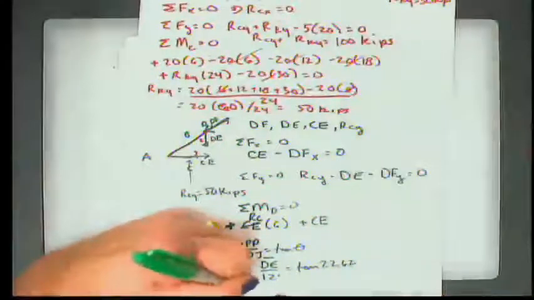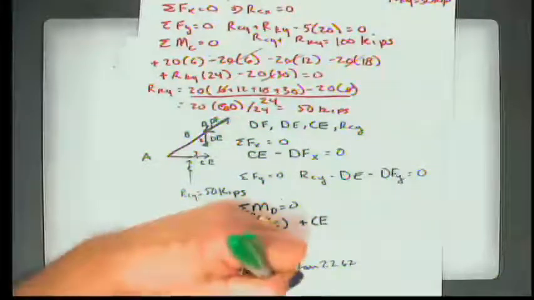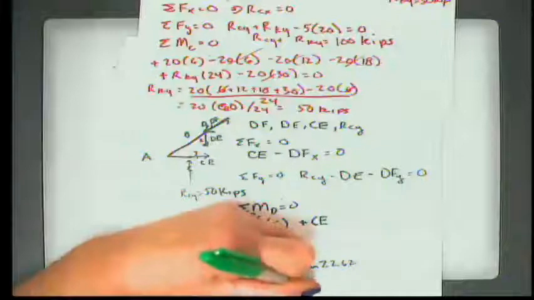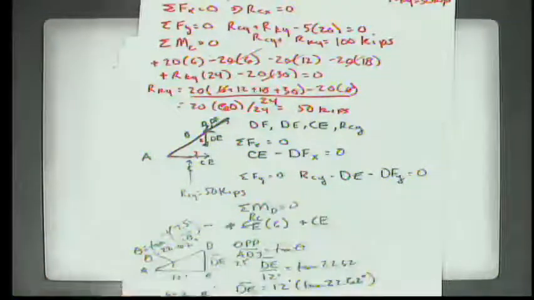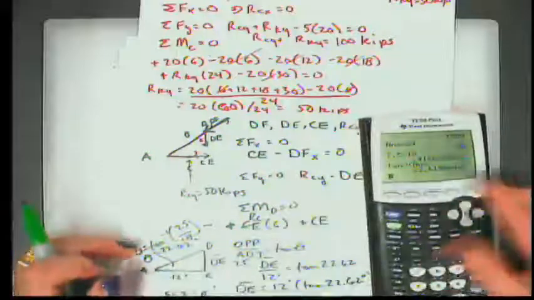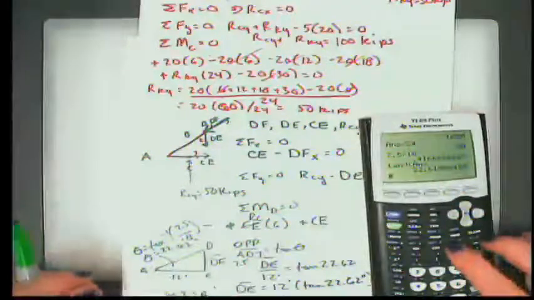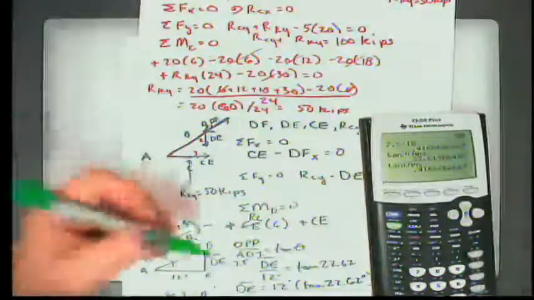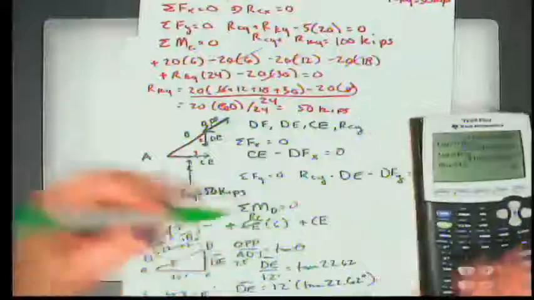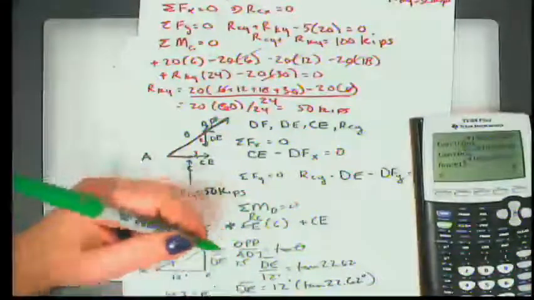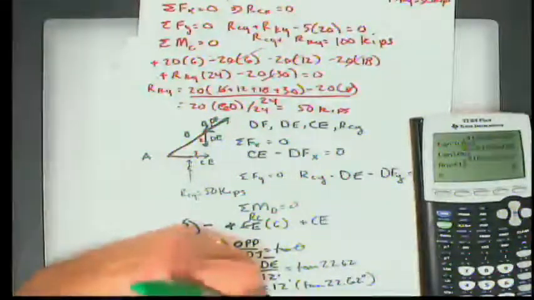So that distance DE is 12 feet times the tangent of 22.62 degrees. The tangent is 0.4167, and if I multiply that by 12 feet, my vertical distance is exactly 5 feet. So DE, the vertical distance, is 5 feet.